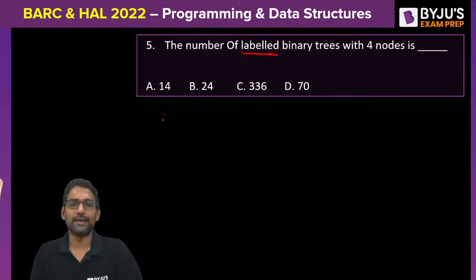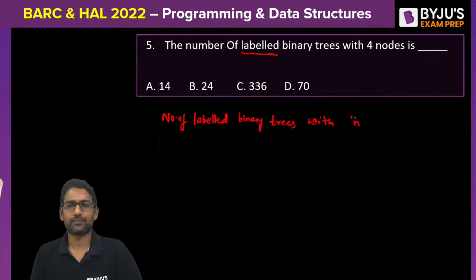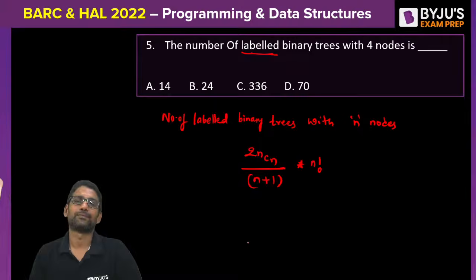The number of labeled binary trees with n nodes will be 2nCn by n plus 1 multiplied by n factorial. If it is unlabeled, it is just the nth Catalan number, that is 2nCn by n plus 1. Here what is n?